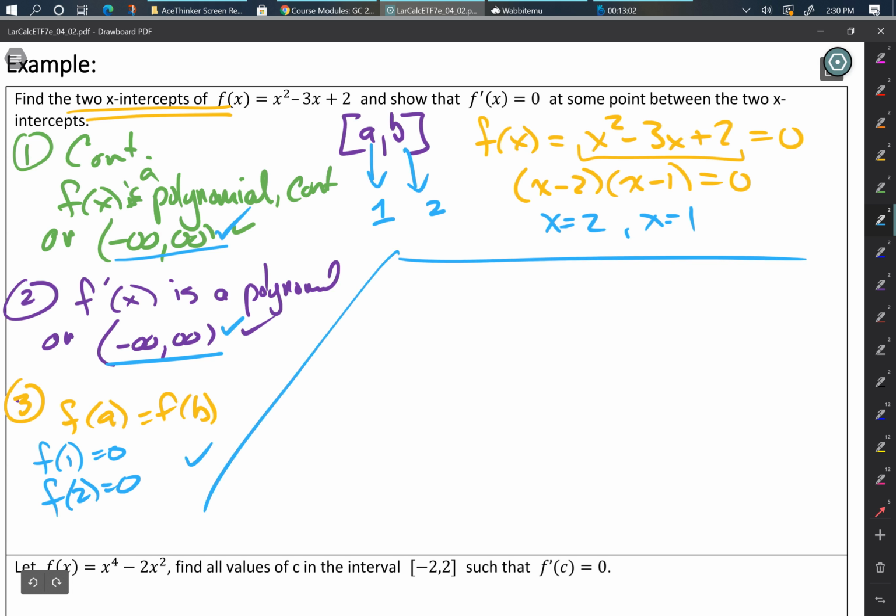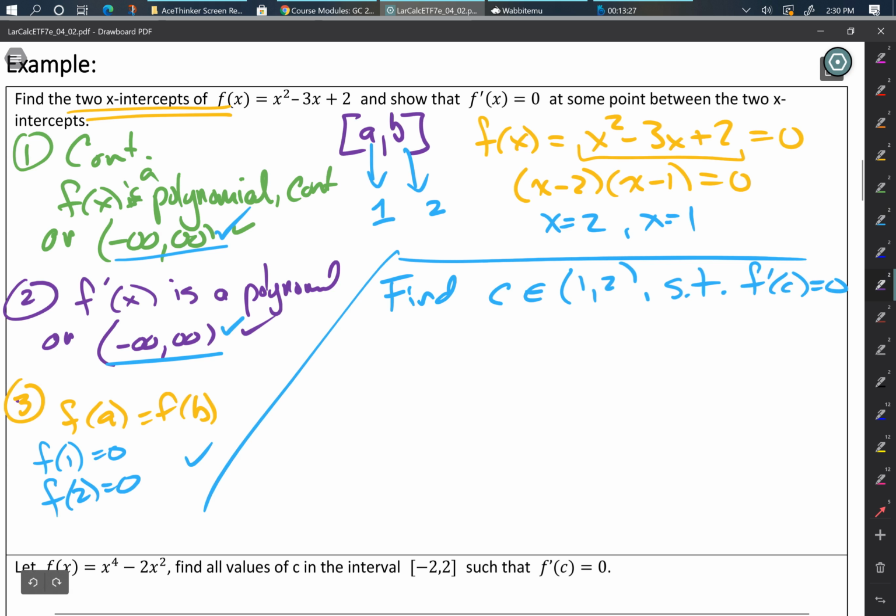And so now I'm going to find the value c, which is going to be an element of my open interval 1 to 2, such that f prime of c is equal to 0.